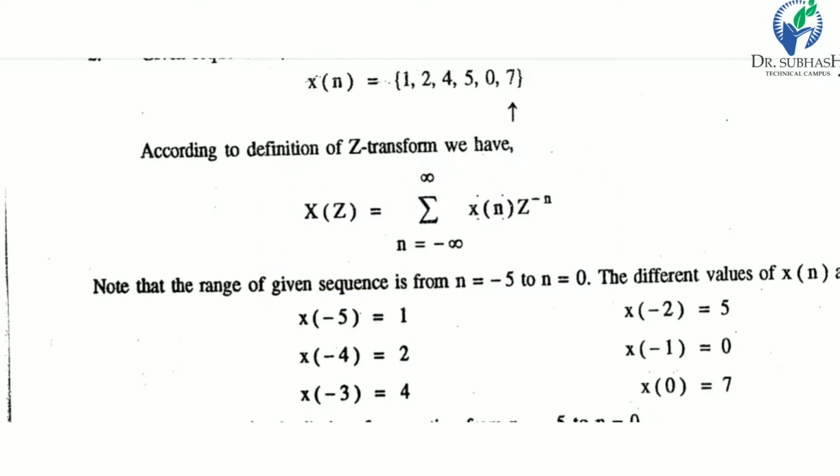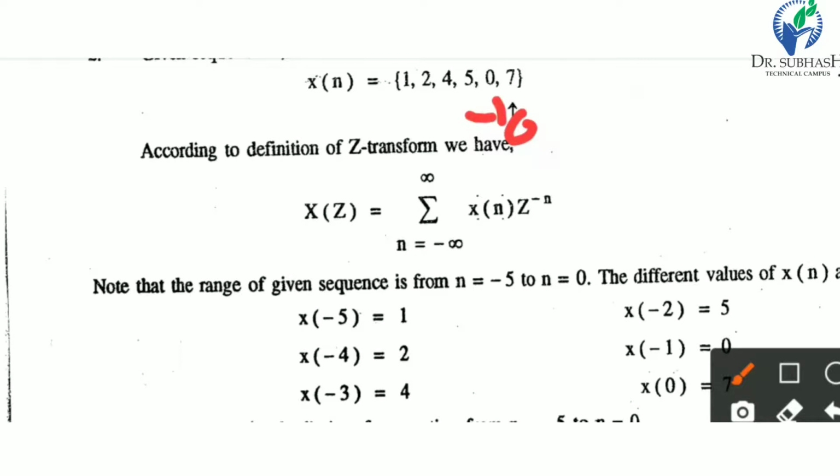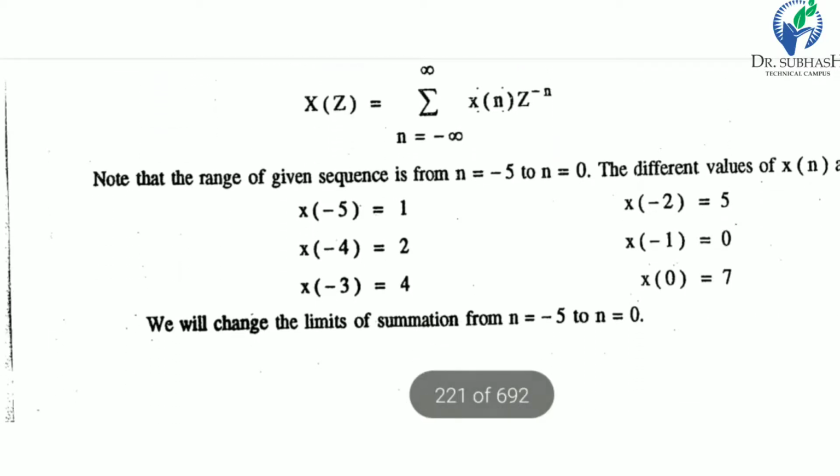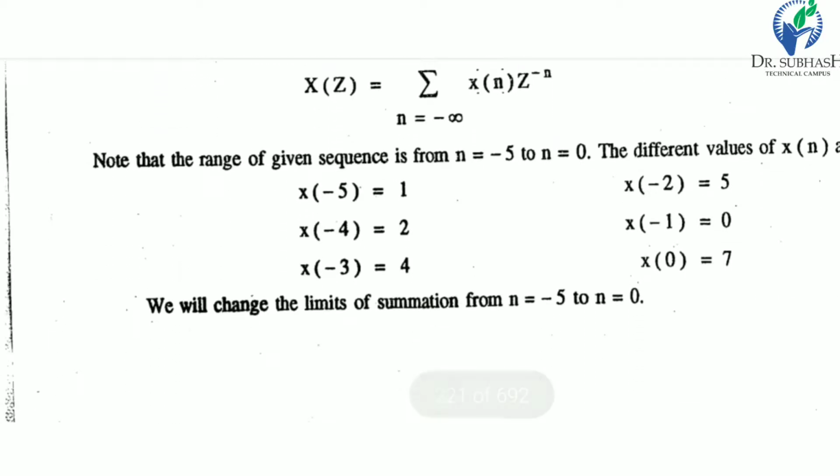So first we find the sequence of n. The 7 is at 0, and then this is minus 1, minus 2, minus 3, minus 4 and minus 5. The range of the given sequence is from n equal to minus 5 to n equal to 0.